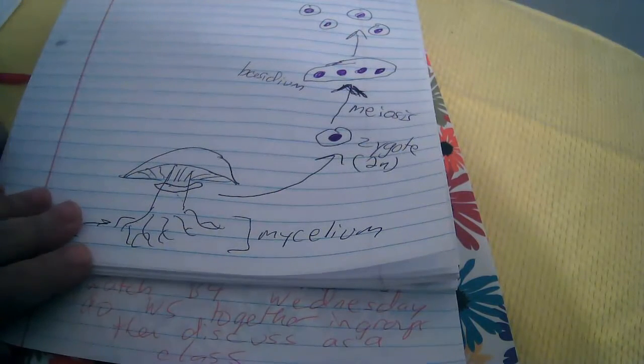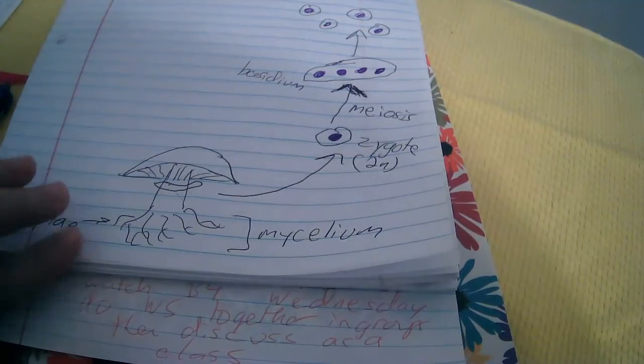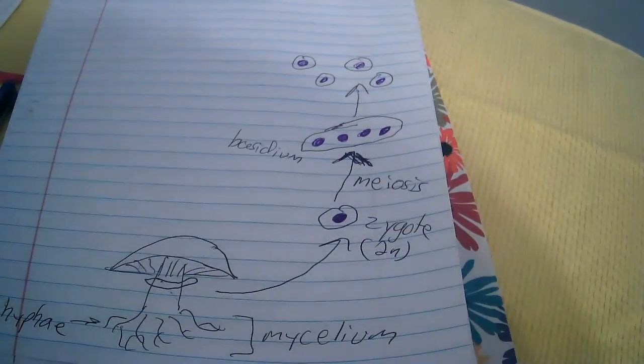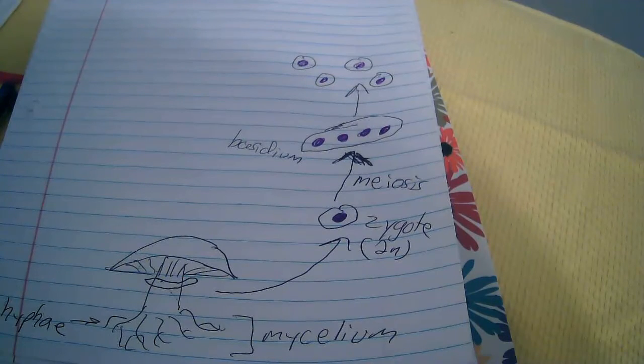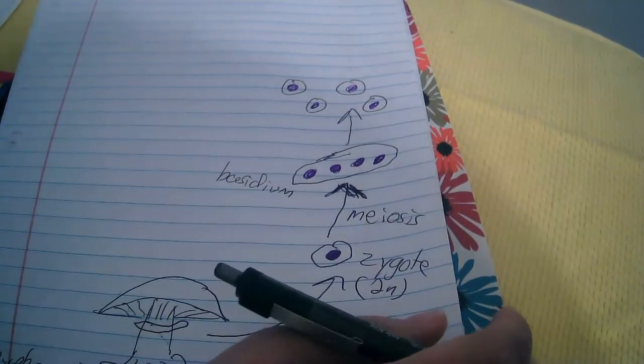Okay, so these basidiospores are going to land on something suitable for the mushroom to germinate, so moist soil or somewhere where there's decomposing organic material, that kind of thing.